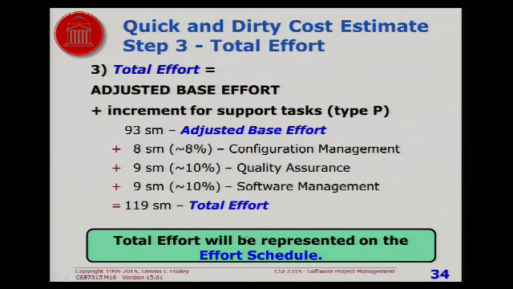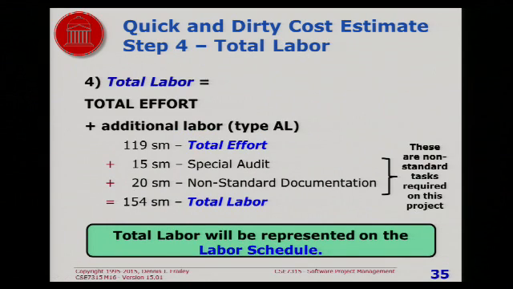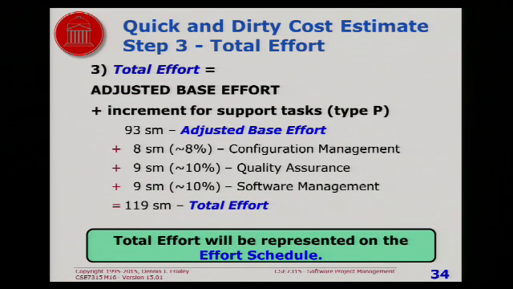Now, this total effort is represented on something called the effort schedule. And what you do is you say, okay, 119 staff months, and you're going to see in the next module how that effort schedule represents this. But for the 30-minute version, you don't do that. You just say, we're up to 119 staff months of effort when you count in all the support functions.